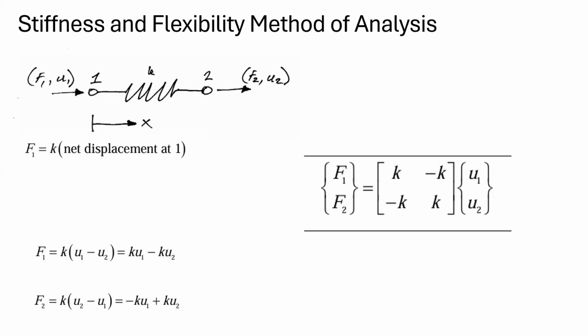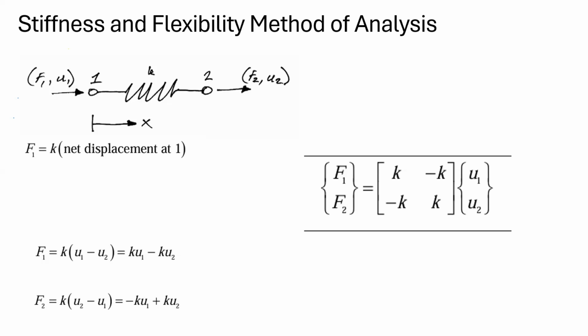Then F1 will be what? F is equal to K into delta, where K is the stiffness. The net displacement at 1 is U1 minus U2. So F1 is K multiplied by U1 minus U2, which is K U1 minus K U2.